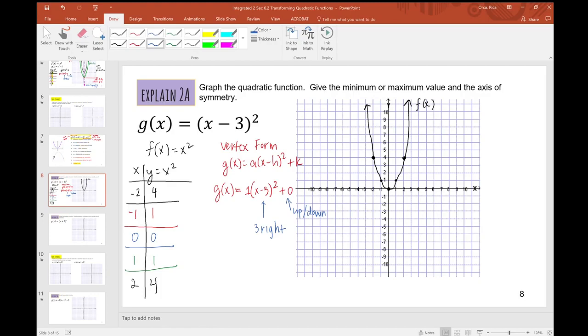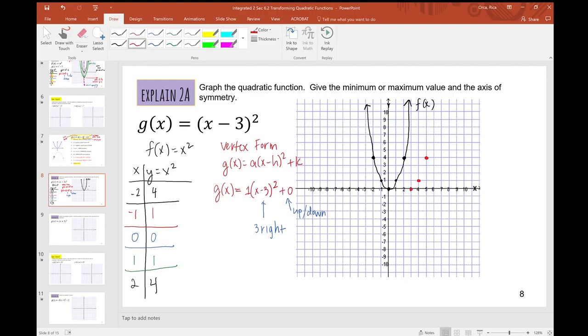So now let's take f of x and just move all our points 3 units to the right. Let's start off with (2, 4), move that point 3 units to the right. Take (1, 1), move it 3 units to the right. 1, 2, 3. Move the vertex 3 units to the right.